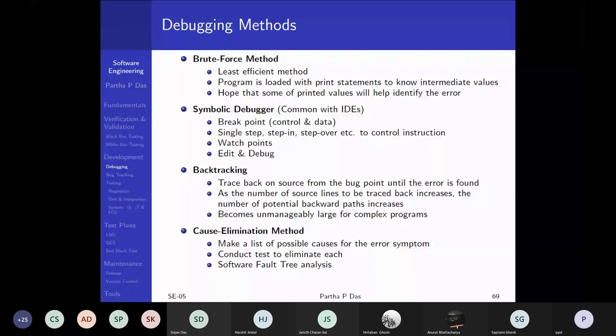Okay? The other method, which I'm sure all of you are using very widely, is using a symbolic debugger. Do not get confused as to why it is called a symbolic debugger. There's not much reason for calling it that except the historical one.